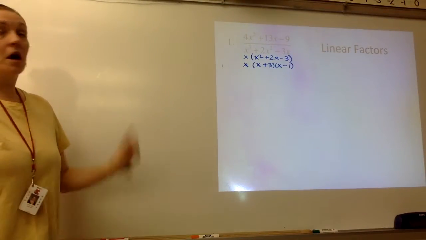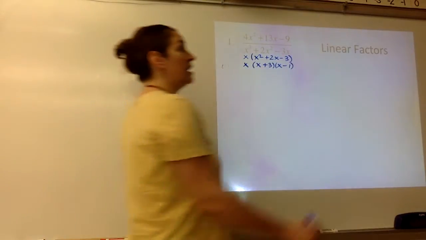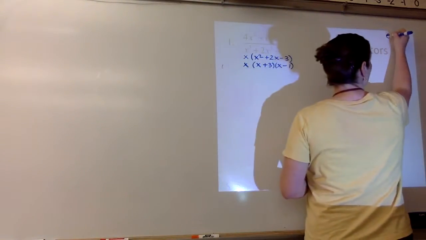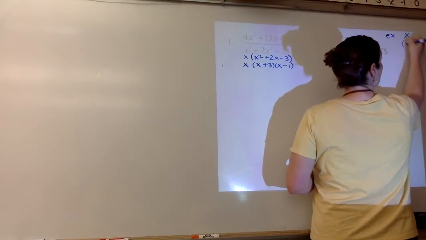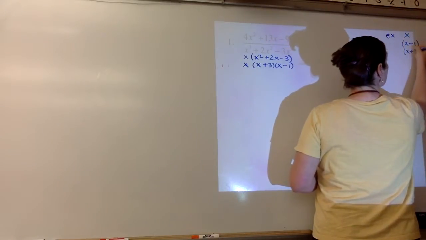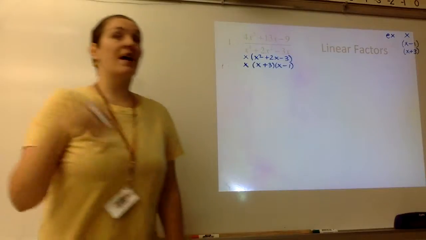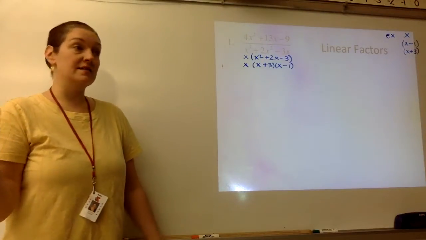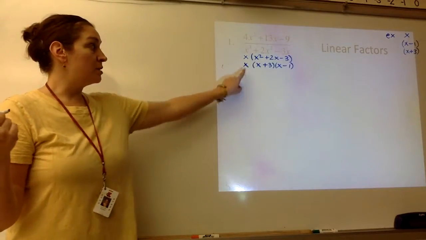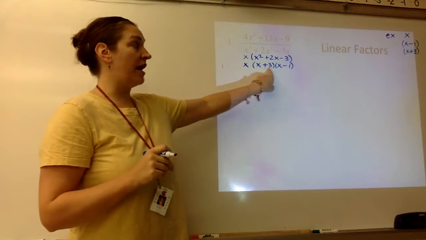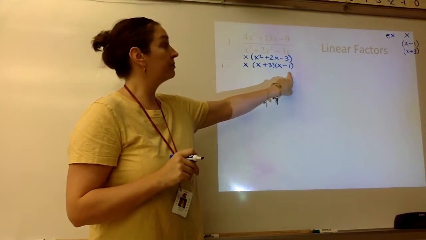Okay, now, when we talk about linear factors, examples of this would be x minus 1, x plus 3. They're factors where the highest power of x is 1, hence linear. Okay, so this is a linear factor, this is a linear factor, and this is a linear factor.